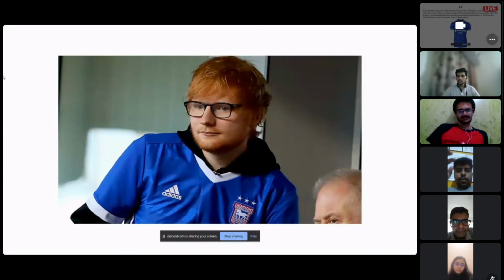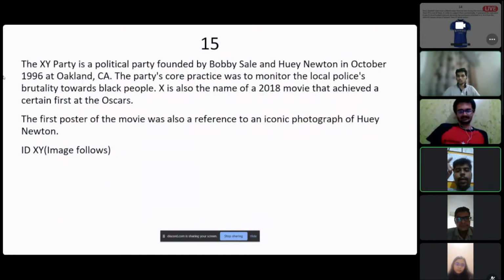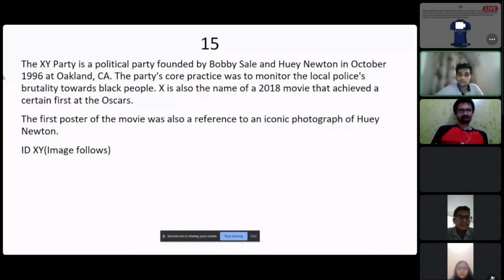Okay, this one is directed to P2. The XY party, a political party founded by Bobby Seale and Huey Newton in October 1966 at Oakland, California. The party's core practice was to monitor the local police's brutality towards black people.